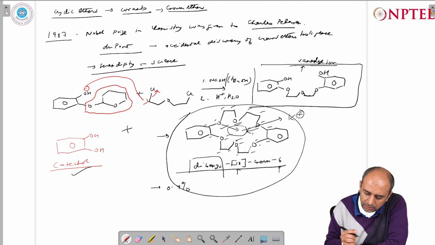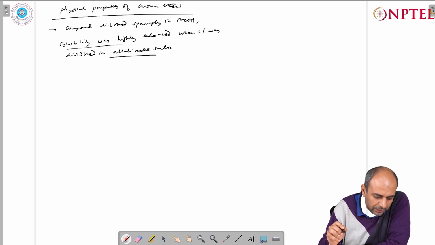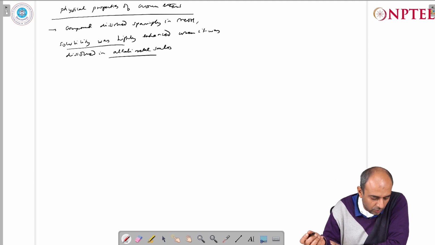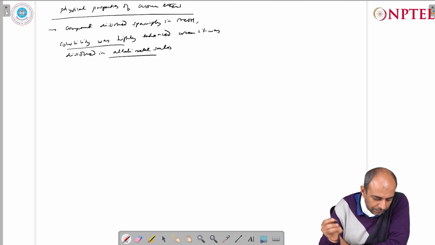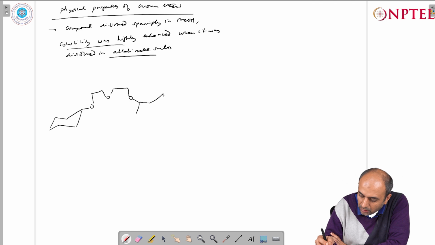So along the same lines, what people did was that they made other crown ethers as well. For example, instead of the phenyl group, we can also have the dicyclohexyl group.